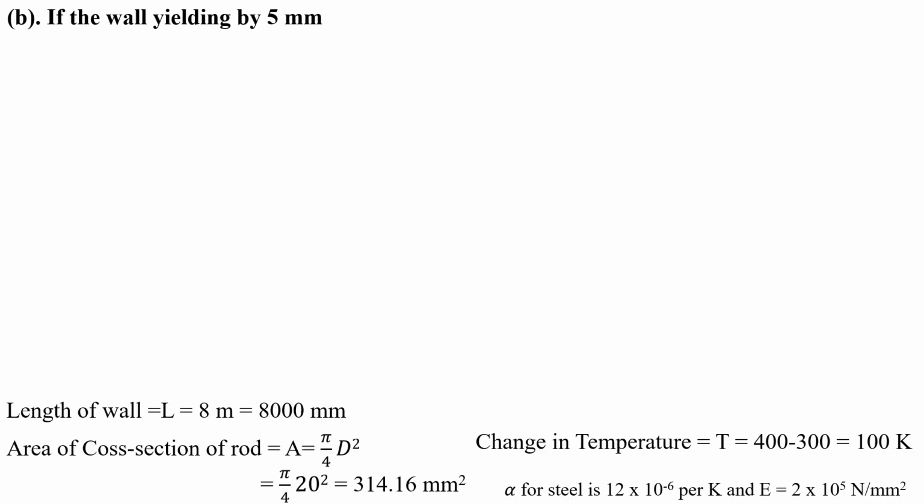Okay, next we look at the second condition, if the wall yields by 5 mm. In general we use the notation small a for yielding.